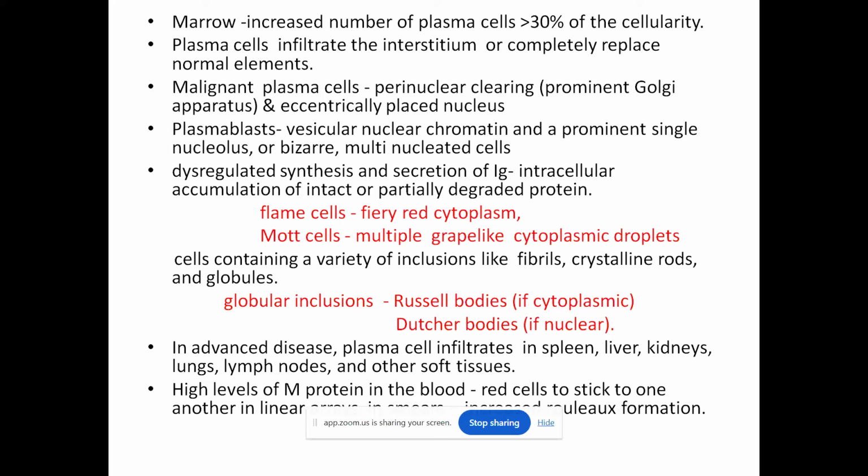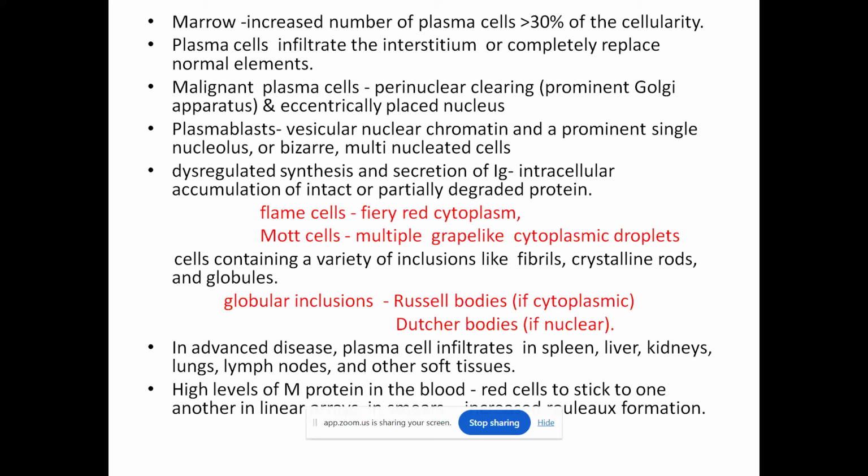Or if these proteins are seen as multiple grape-like cytoplasmic droplets, they are called Mott cells. Sometimes inclusions can be seen as fibrils, rods, or globules. If the globules are seen within the cytoplasm, they are called Russell bodies, and globular inclusions in the nucleus are called Dutcher bodies. So microscopically we can see Russell bodies, Dutcher bodies like that.